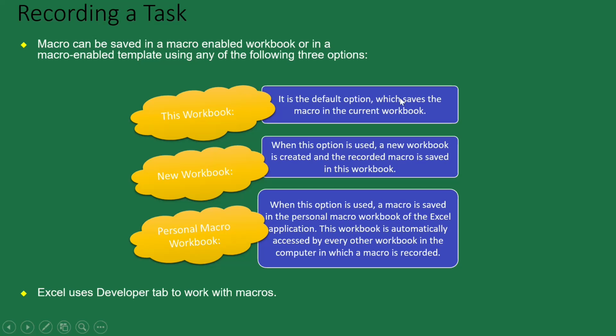This Workbook is the default option, which saves the macro in the current workbook, the one you're working in at the moment. With New Workbook, a new workbook is created and the recorded macro is saved in it. With Personal Macro Workbook, the macro is saved in the personal macro workbook of the Excel application. This workbook is automatically accessible by every other workbook on the computer on which the macro is recorded. Excel uses the Developer tab to work with macros.